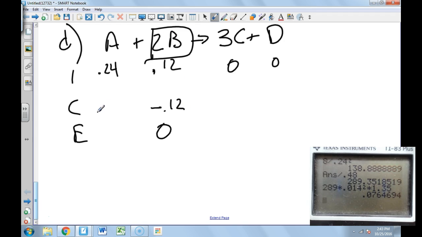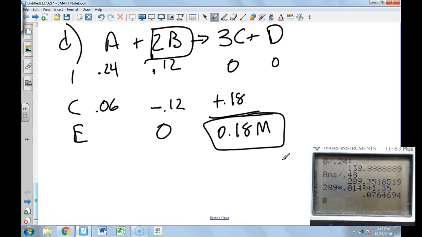That means this is minus 0.06, and this is plus 0.18. And so we get 0.18 molar as our answer because for every 2 of these, we only need 1 of these, that's why that's half. And for every 1 of these, we need 3 of those, that's why it's 3 times this much. And that tells us what the final concentration is.